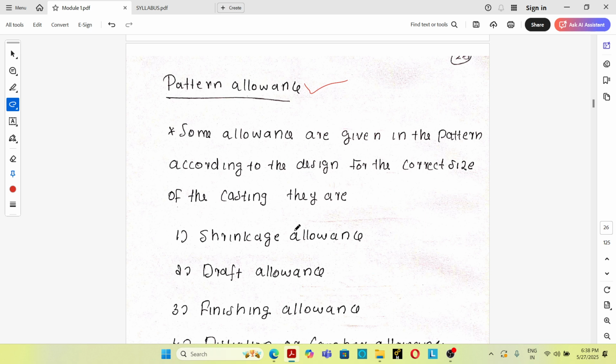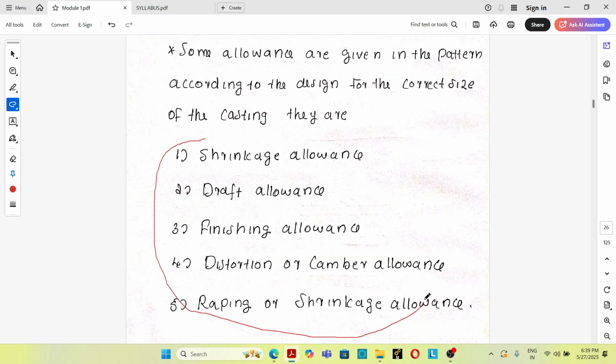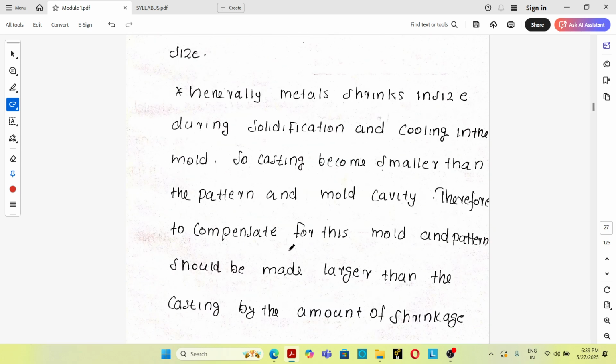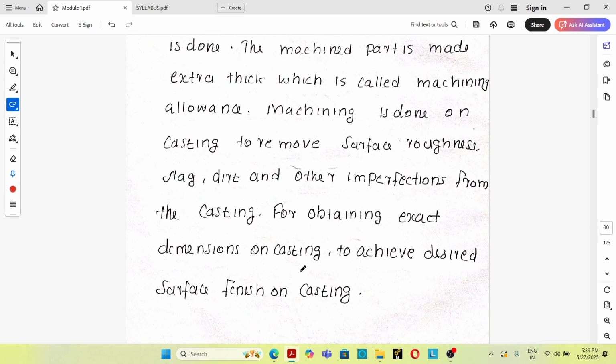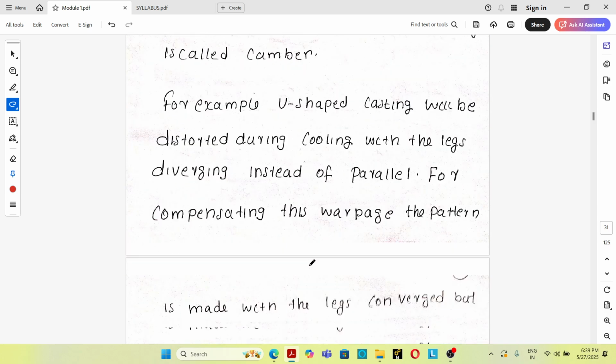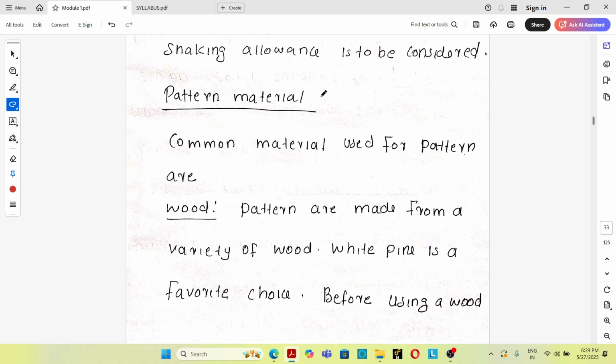Next one is pattern allowance. In pattern, we have to study pattern material, pattern allowance, and pattern types. For pattern allowance, we have five types of allowance provided for a pattern that you have to study. Then regarding pattern, you have to study the pattern material.